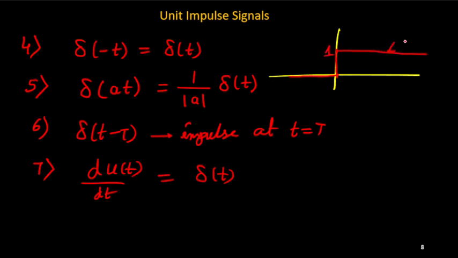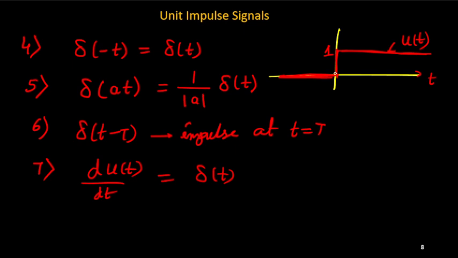So this is your u of t with respect to time t. Now if you take the derivative, meaning slope: on this side it is 0, so the derivative will remain 0, and on this side it is a constant, so the slope is 0 and its derivative will also be 0.